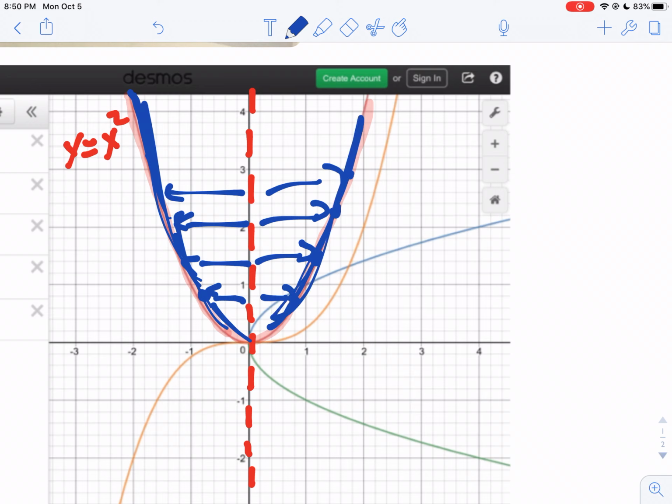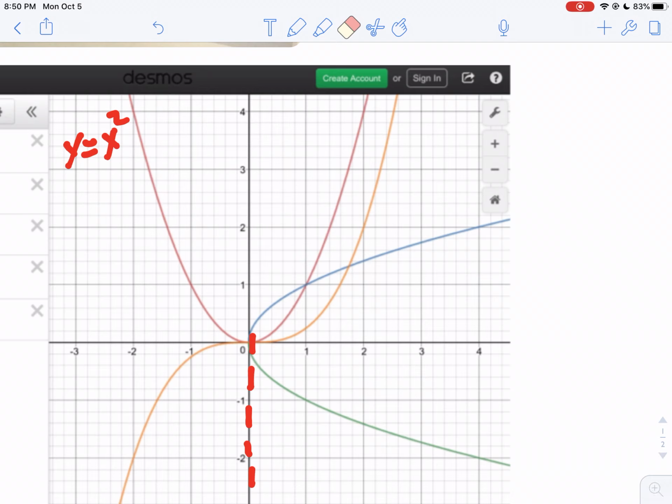When a graph looks like this, we say that this graph has symmetry about the y-axis, and we note that by that curved arrow. So the parabola opening up, or basically a basic quadratic equation opening up, is symmetrical about the y-axis because on both sides of the y-axis, you see the same thing. I'm going to quickly erase that.